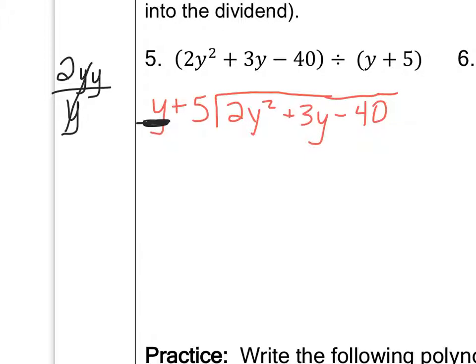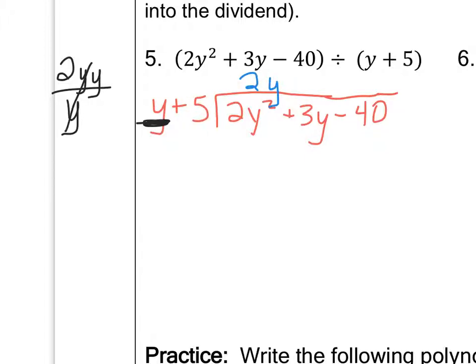I can cancel out a y on top and bottom, so that tells me that y will divide into 2y squared 2y times.